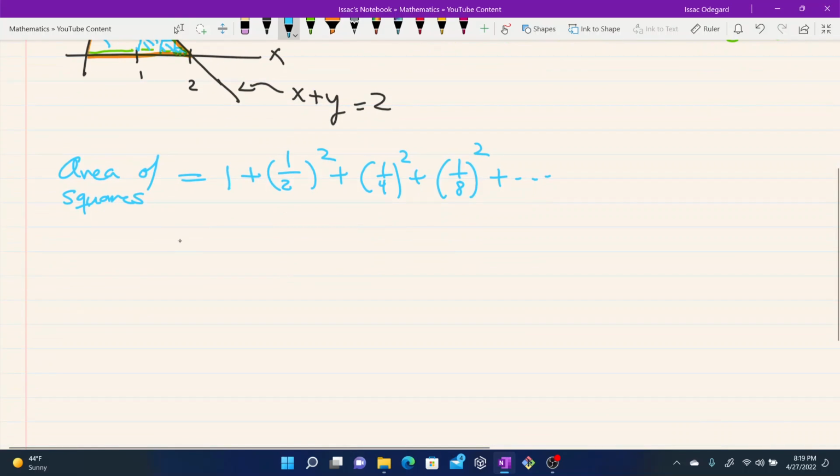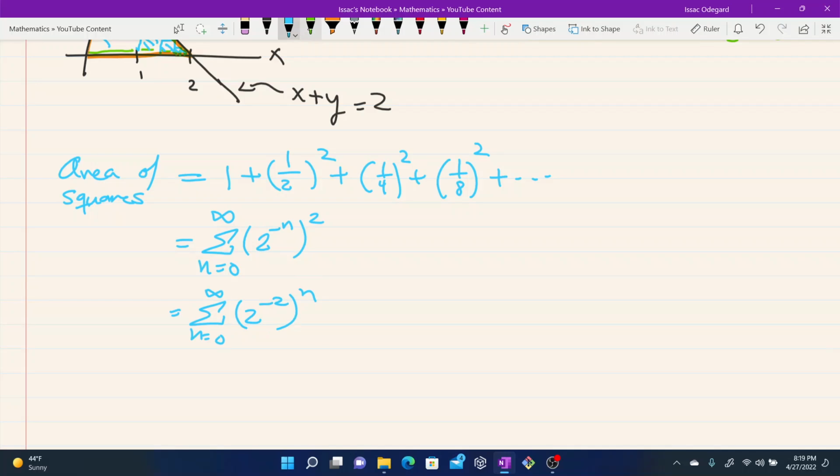Let's write this using our summation notation. So you can write this as the infinite sum, where n starts at 0 and goes to infinity, where we will have 2 to the minus n as our side length of the square, and then you want to square that to get the area. Well, using exponential laws, you can move these exponents around.